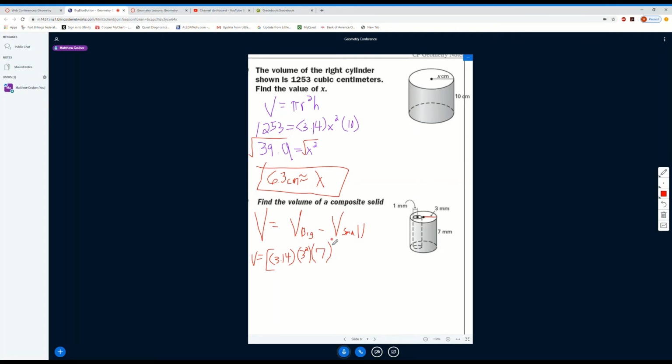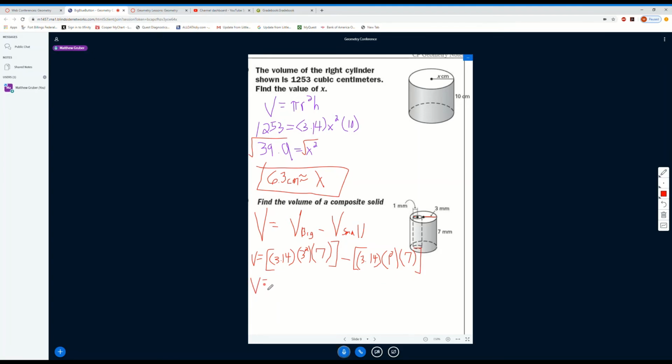So that would give us the volume of the big one, and then we need to subtract the volume of the small one. Well, again, it's going to be pi r squared h. Pi, but the radius for the small cylinder that's drilled out is only what? The radius is 1. So it's going to be 1 squared times 7. Remember, make sure in your calculator you square the numbers first and then do all your multiplication.